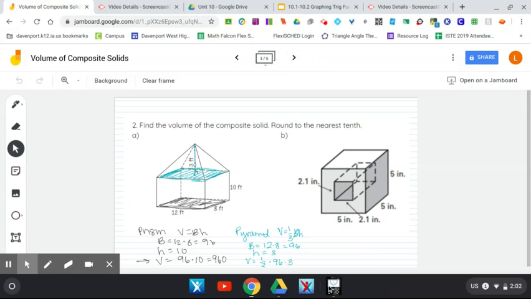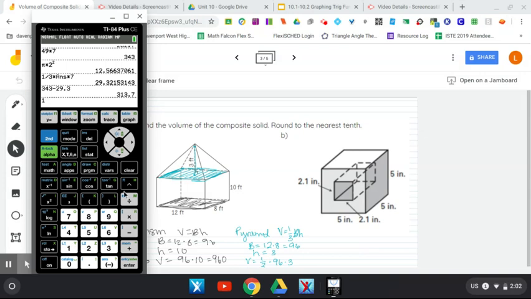So let's go to our calculator here. We'll type in 1/3, 1 divided by 3, times 96 times 3. And our volume will be 96. All right, so then we can take our total volume by taking the two that we just got and adding them together.